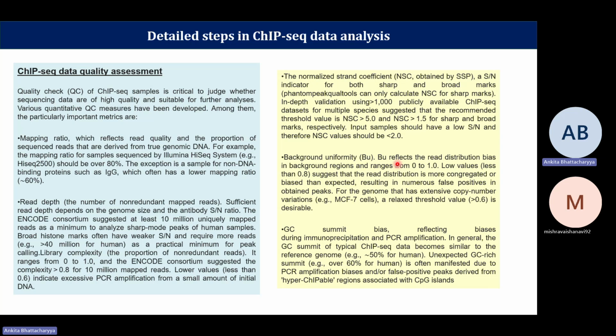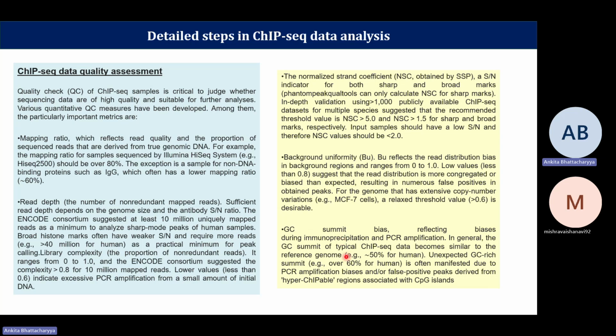For the genome, which bears extensive copy number variation, like for example, a breast cancer cell MCF7, a more relaxed threshold is more desirable. So it shows you what is the bias in the regions from which reads have been generated, in the sense that reads which have been generated from background regions versus reads which are generated from your desired region. So again, just yet another parameter.